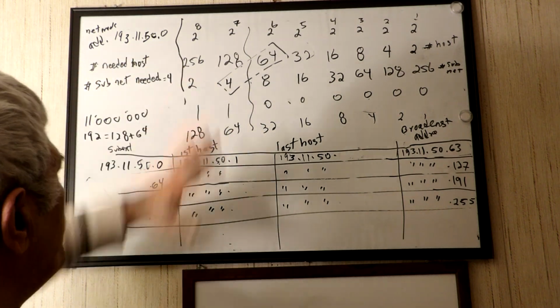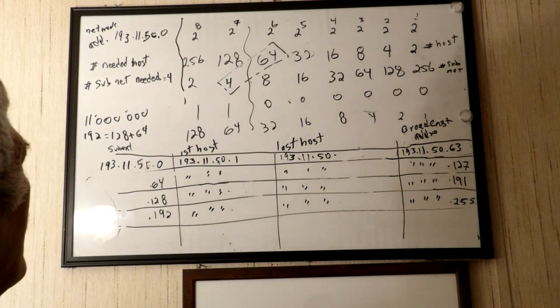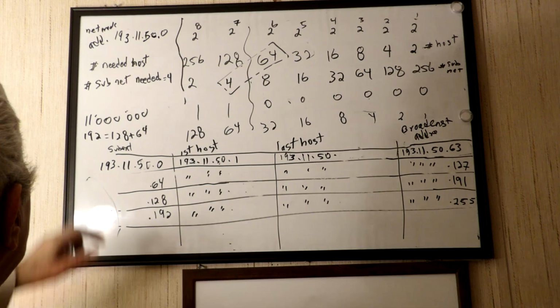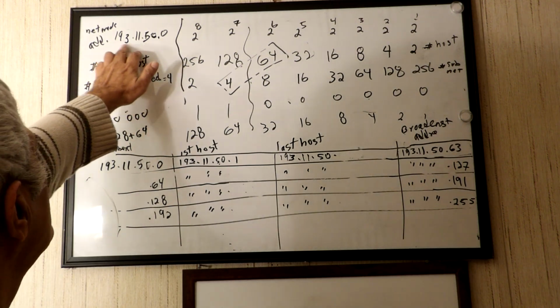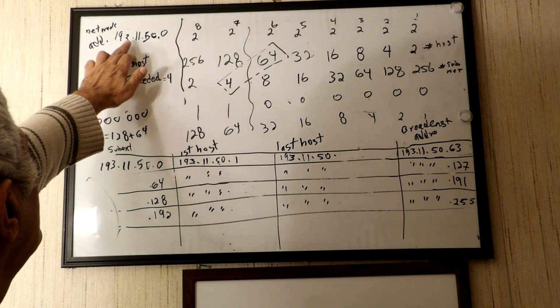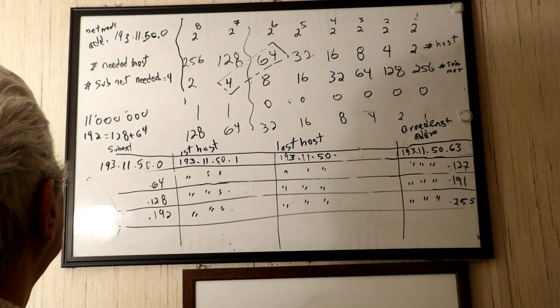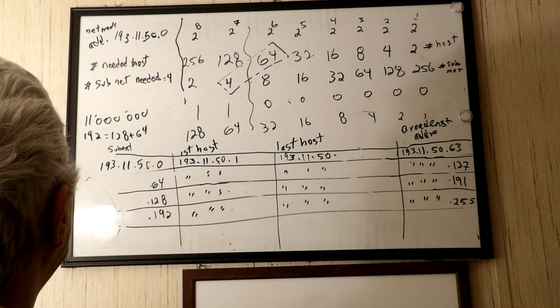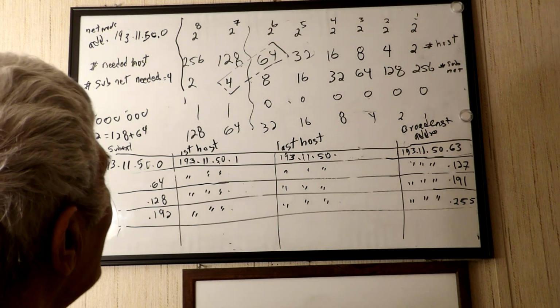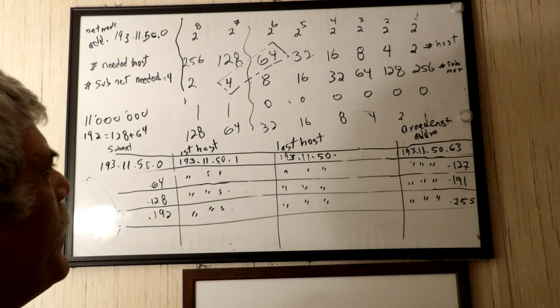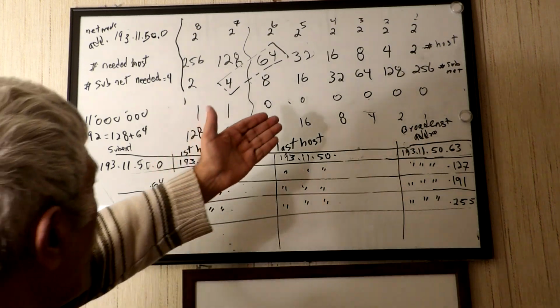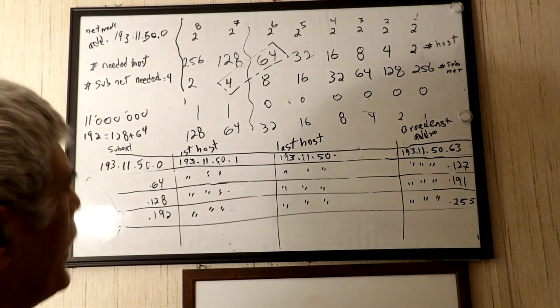If you want to make a small company, and they give you a network address 193.11.50.0, with a dot in between, you need this table. It's very important.